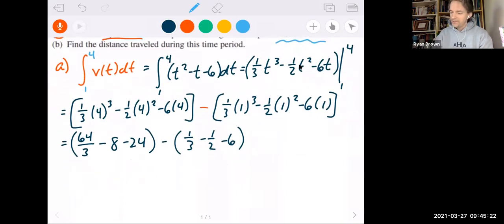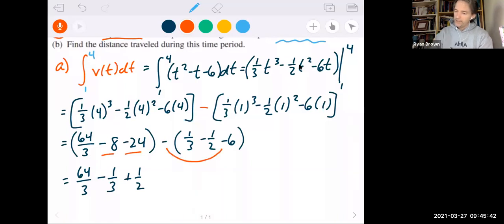So let me take all of our fractions and put them together, and all our non-fractions. So we have 64 thirds, and then over there we had negative 1/3, so I'll bring it over. I have a minus 1/2, so that gives a positive 1/2. And then if I take negative 8, negative 24, and minus a negative 6, that should give me, I think, minus 26.